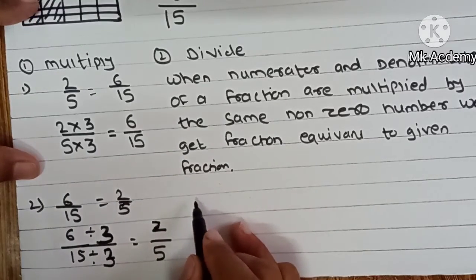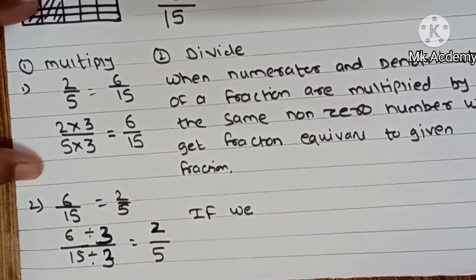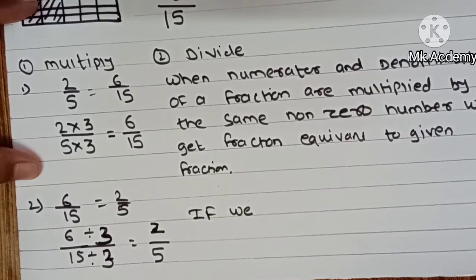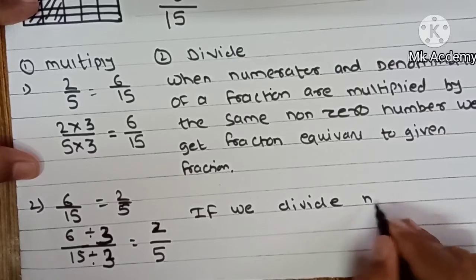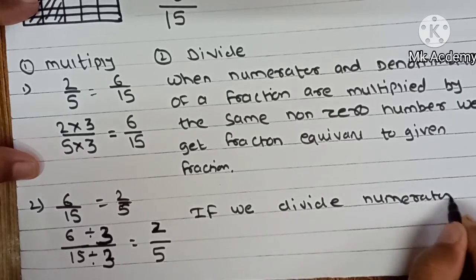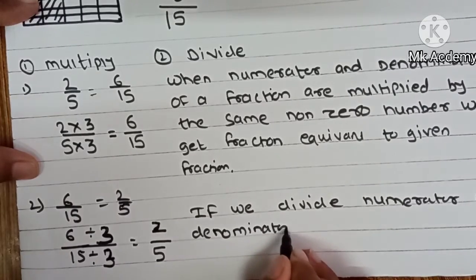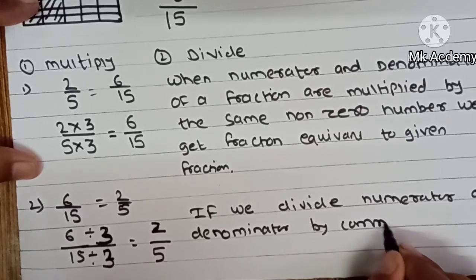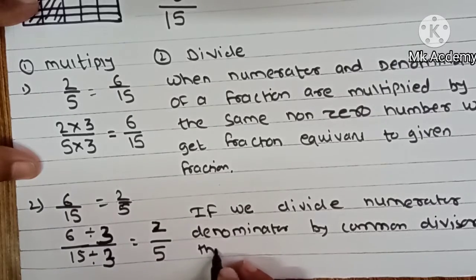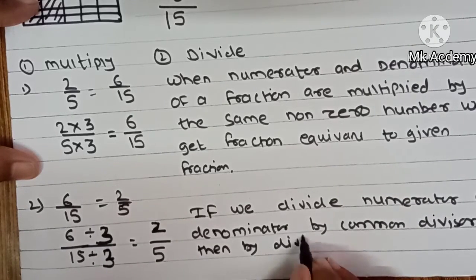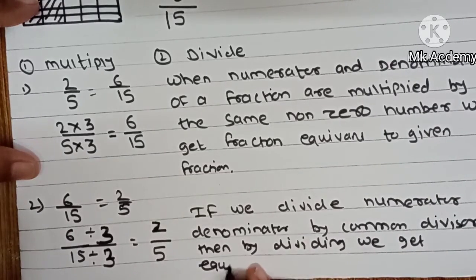Means if we divide numerator and denominator by a common divisor, then by dividing we get an equivalent fraction.